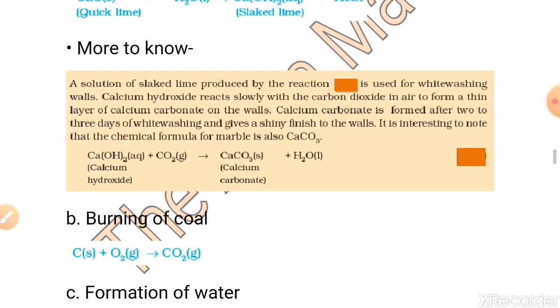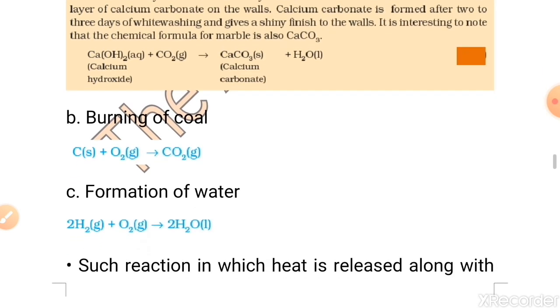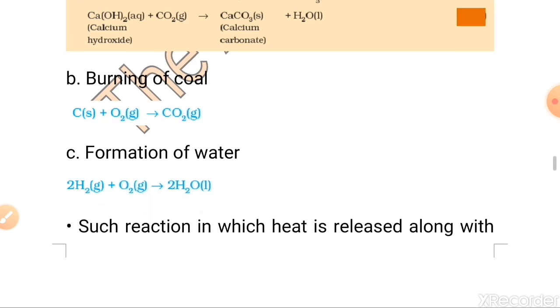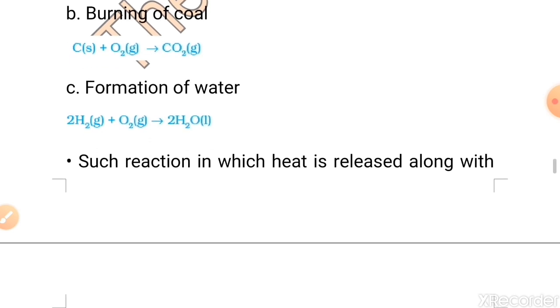Now moving to the next example, it is burning of coal. Coal is represented by symbol C because it has carbon. When carbon burns in air, which means with oxygen, it forms carbon dioxide along with heat. Next, formation of water.